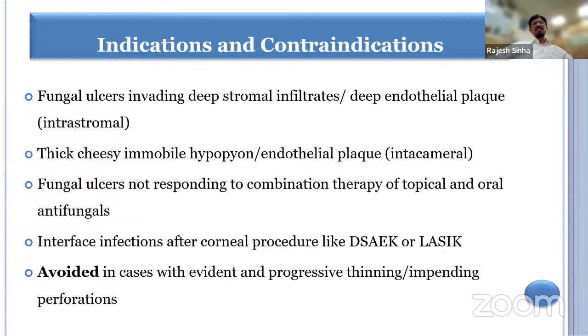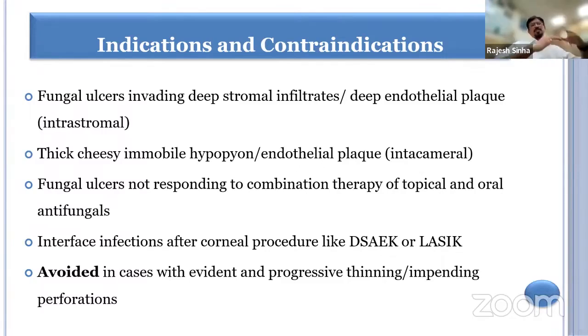Sometimes there are thick, cheesy, immobile hypopyons or endothelial plaques. There, you require intracameral or even intrastromal injections. Then there are some fungal ulcers which don't respond to combination therapy of topical and oral antifungals. So there you have to use the targeted therapy of intrastromal and intracameral. Sometimes you do have interface infections wherein treatment doesn't work.